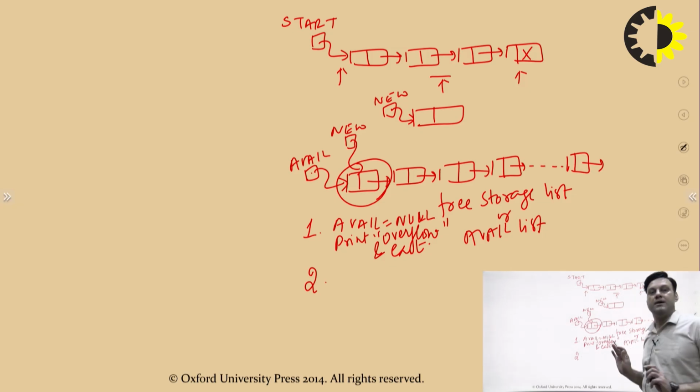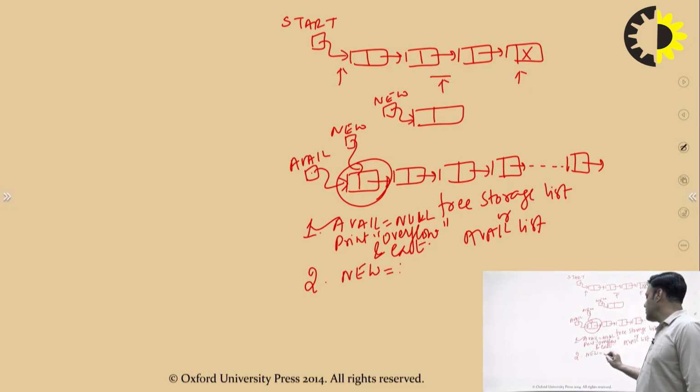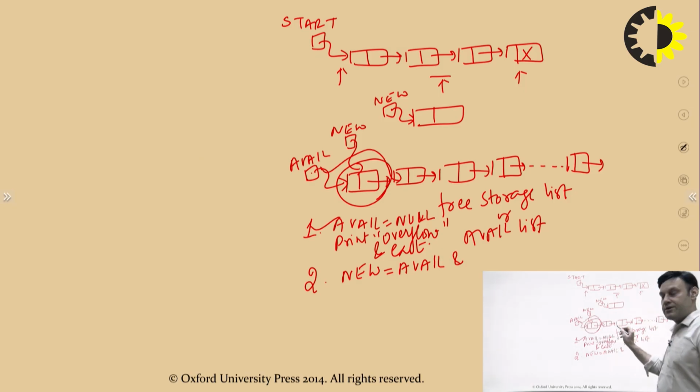This is the concept. Every insertion algorithm will have these three points common. Number one, we will check for the overflow condition. If not, then avail will give its value to new, and avail will start pointing to the next node in the free storage list, because we have to arrange this free storage list also. So avail is equal to link of avail.